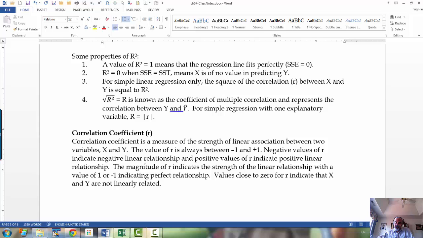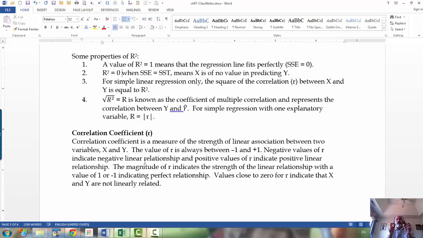If it is a direct relationship, if x goes up, y also goes up, then you'll have a positive value for R. On the other hand, like in the case of price and demand, if price goes up, demand will go down. So there you have a negative correlation, so R will be negative.